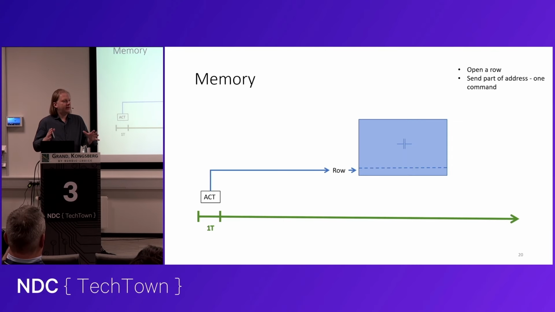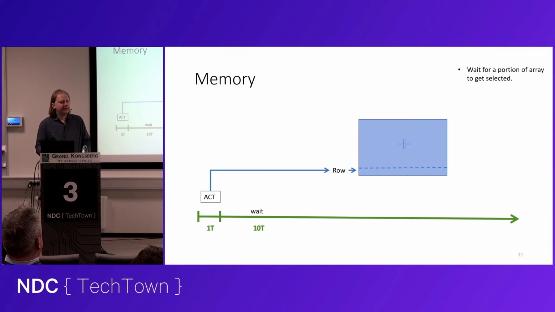You divide the array into a two-dimensional structure, rows and columns. You send out a particular command, how that is encoded on the actual bus does not matter for our discussion, but you send out a command, and suppose it takes one hypothetical nanosecond to be sent out from the memory controller side into the actual memory module.